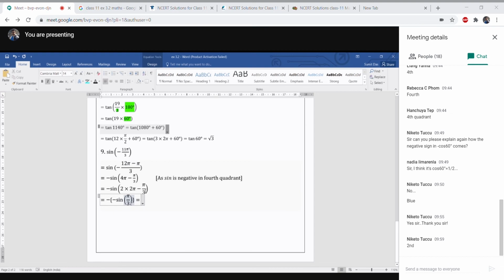Understood? The rotation, we know, is 2 into 2 pi minus pi by 3, for that reason this minus sign. So the answer will be minus minus plus, sine pi by 3. Sine pi by 3 means root 3 by 2.